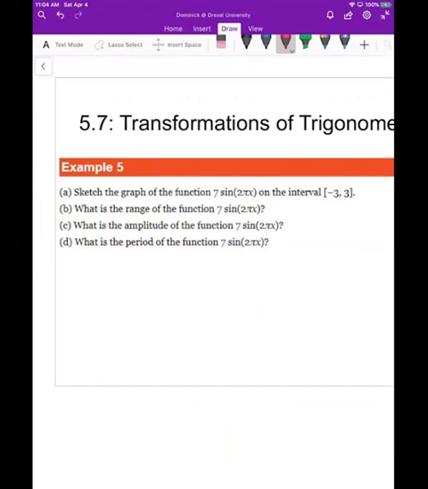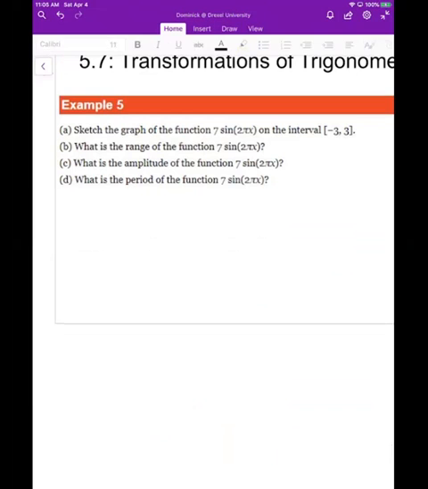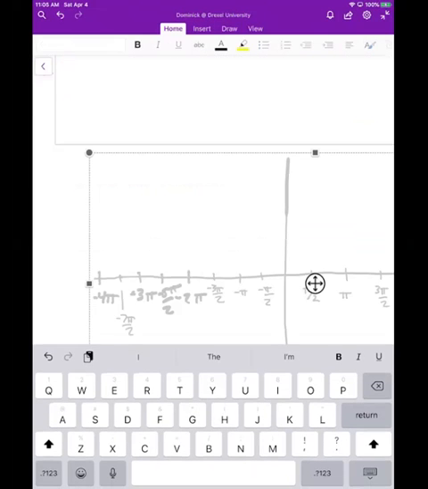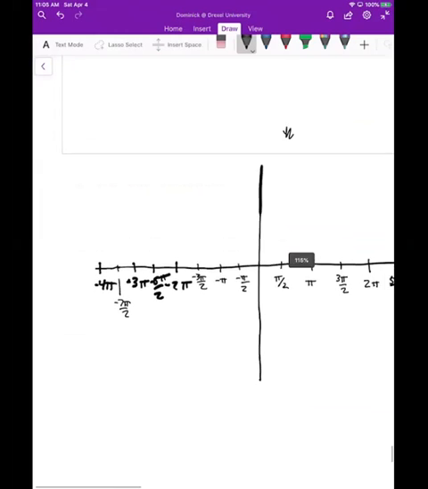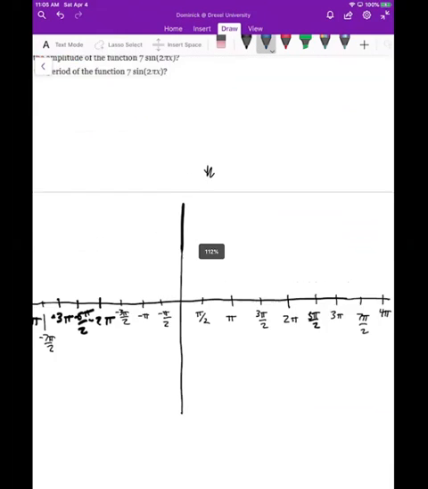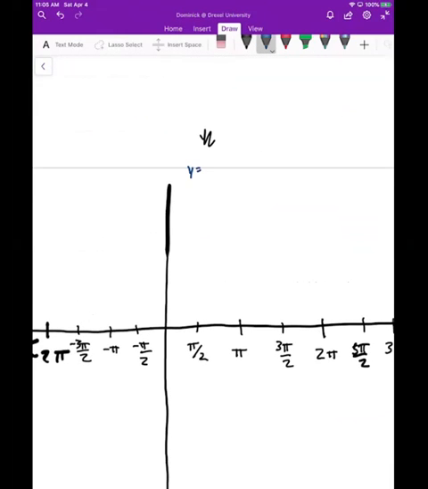Now let's look at 7 times sine of 2 pi x. Let's put another graph here and look at this one. We want to plot 7 times sine of 2 pi x. Now this one's kind of interesting, because if you plug in these x values here, for example, if I plug in pi over 2, you're going to get sine of pi squared, which is maybe not something that's as easy to calculate.